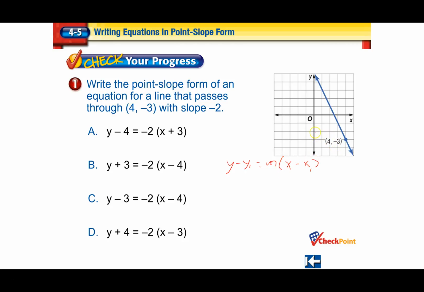So my x1 is going to be 4, and my slope is -2, and then y1 is going to be -3. And we should probably simplify that. So y plus 3 equals -2, and then x minus 4. There we go, letter B.